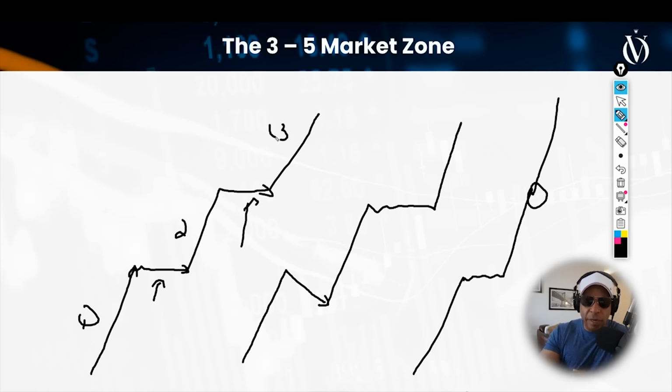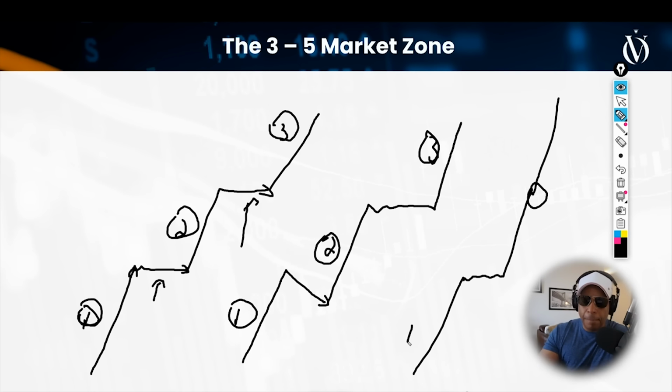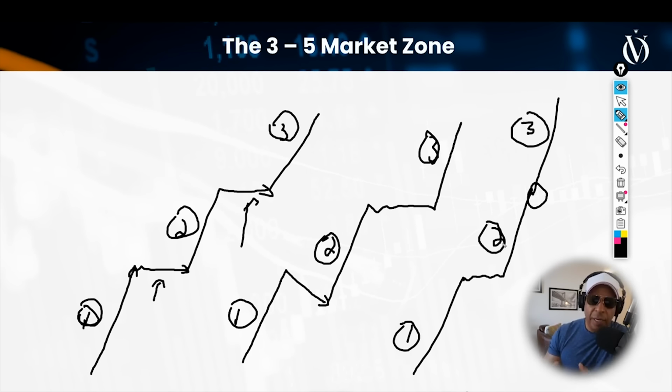And so each one of these are 3-leg moves. 1, 2, 3. 1, 2. Do you see it? Don't get tricked by that brief one. 3. And these are all 3-leg pause.